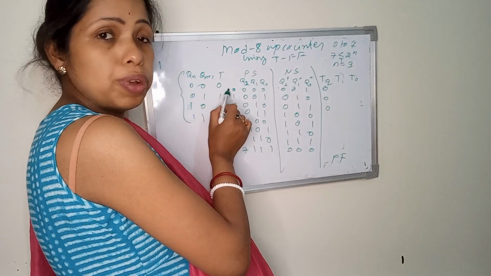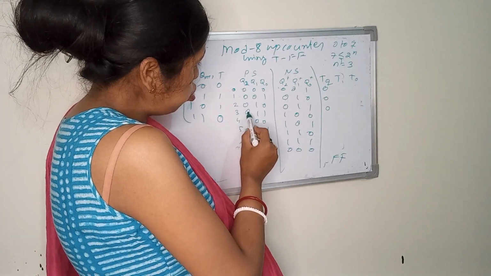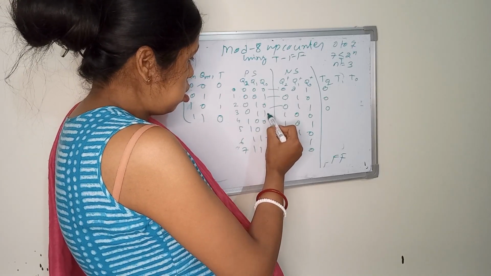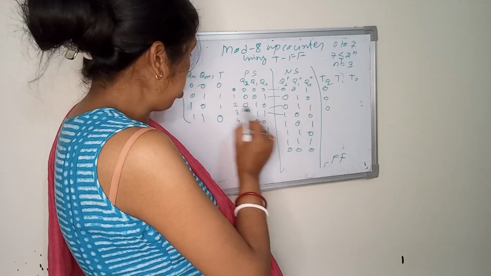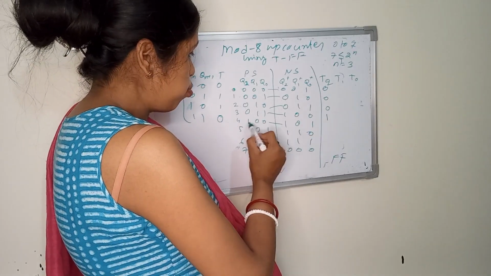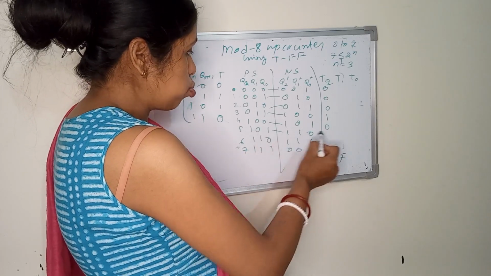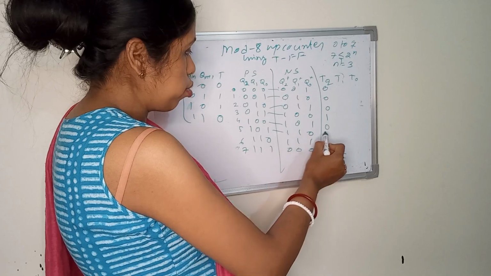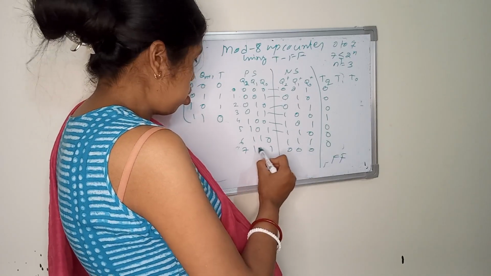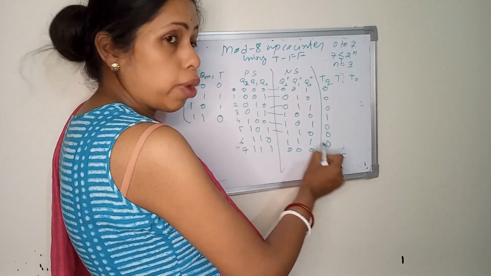The fourth one is 0 1, and 0 1 means 1. Then 1 1 means 0 again, for each of the next three cases. Finally, 1 0 means 1.